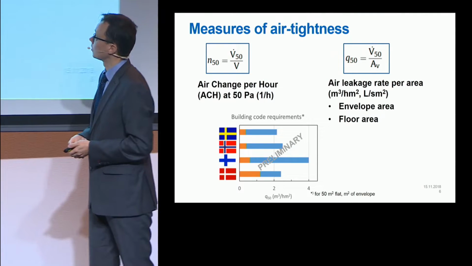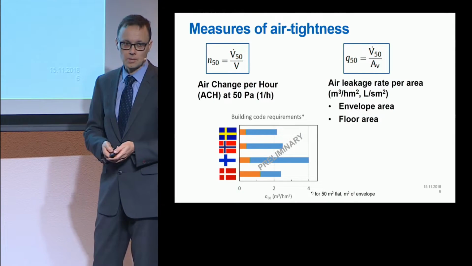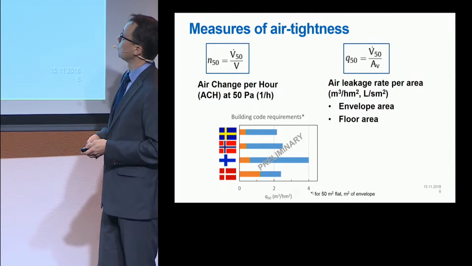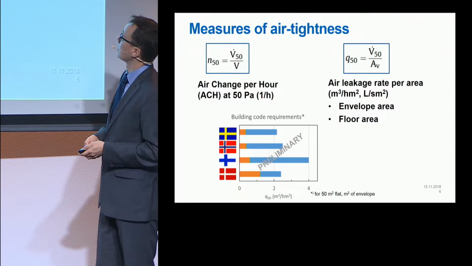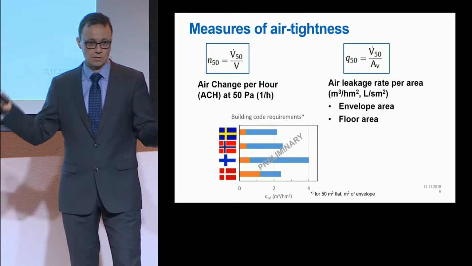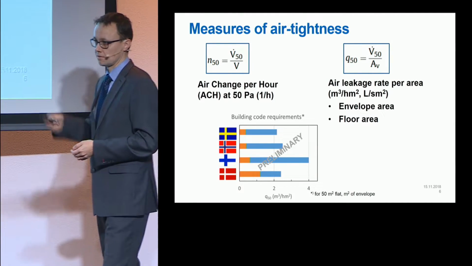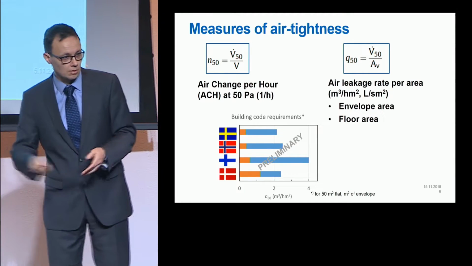Another quantity is air leakage rate per area, or permeability, called Q50, which is calculated as leakage flow rate divided by the surface area or envelope area. And now here we have slightly different definition between different countries.